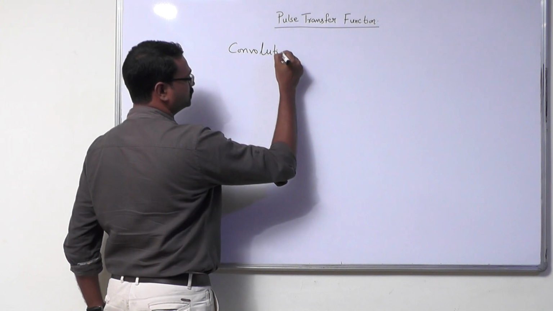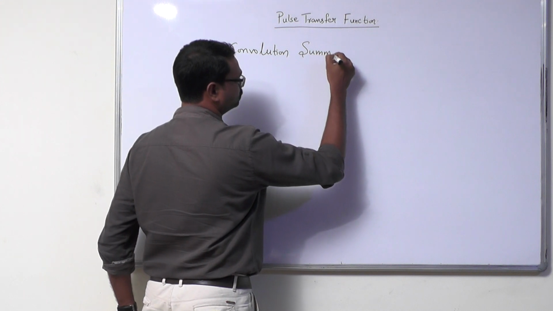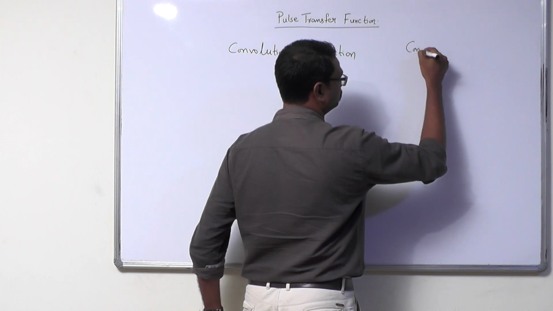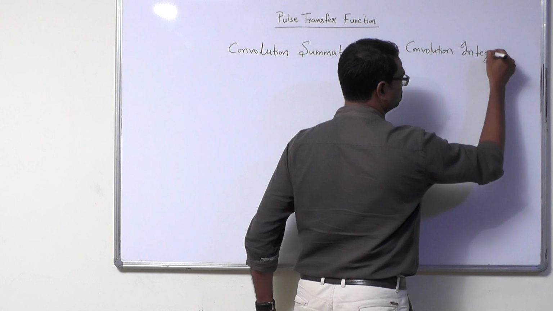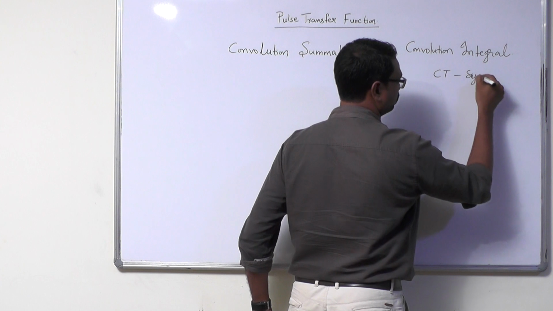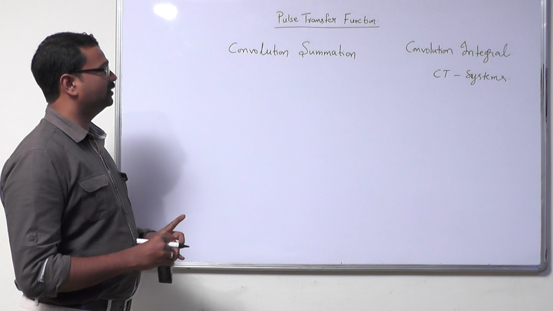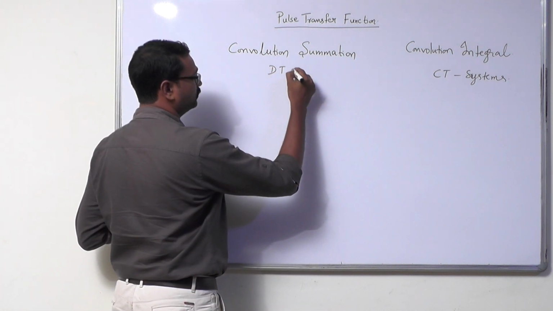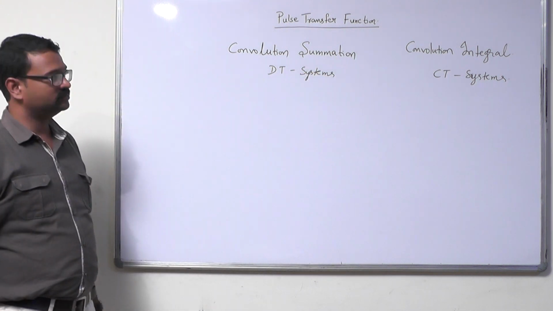This is the term used in analogy with convolution integral, which is used for continuous time systems. The convolution integral is used for continuous time systems, and convolution summation is used for discrete time systems.